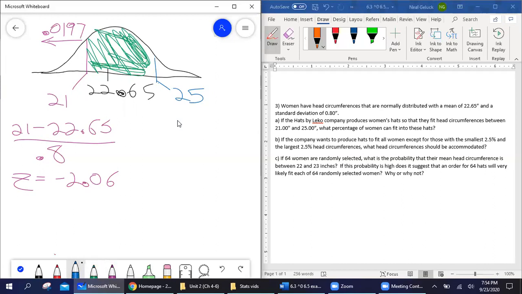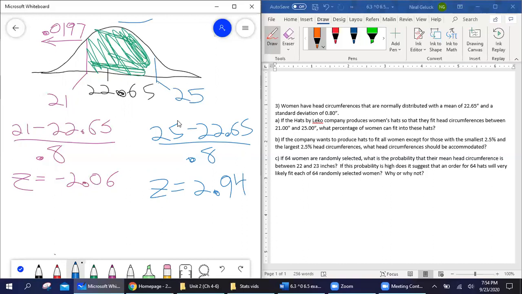Same thing for the 25, converted to a z-score. You should get a z-score here of about 2.94. And again, we're always rounding to 2 decimals on z-scores. The area left of that is 0.9984.